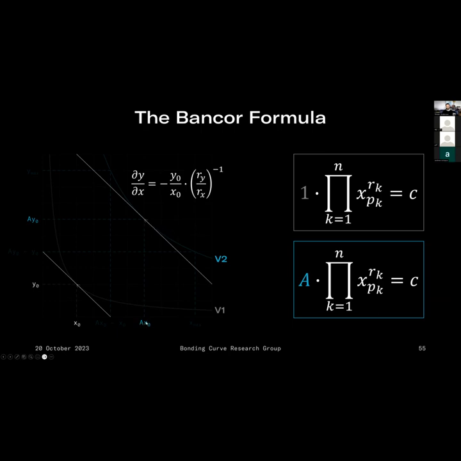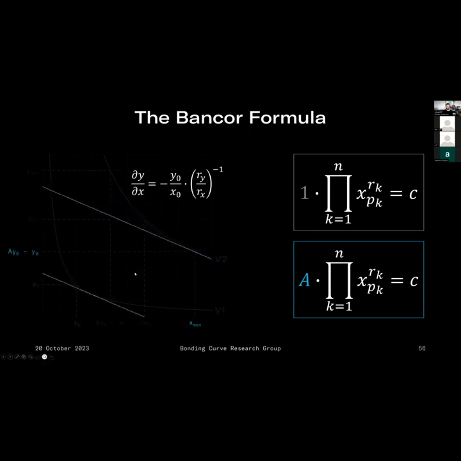And we said that that's at AX0, AY0, which is convenient. What we want to do now is ask the question, first of all, what is the derivative of this larger hyperbola at the point where we're running out of tokens, because this is essentially going to tell you what the marginal rate is at the very edge of what your virtualized token balances are going to be able to service.